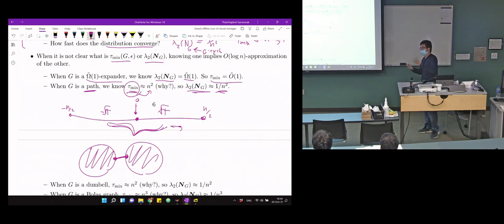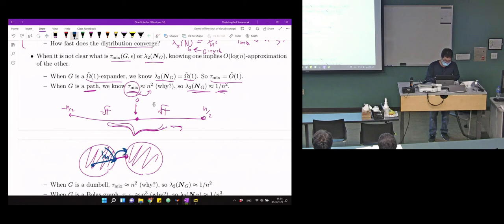You can see by intuition that T mix should be at least n squared, and the reason is that at any node, it takes probability 1 over n to go to this endpoint, and then you need another 1 over n event to happen, to go across the edge instead of the n choices here.